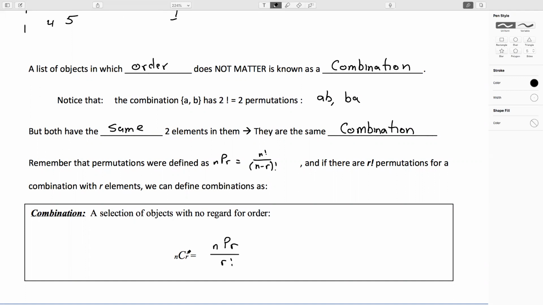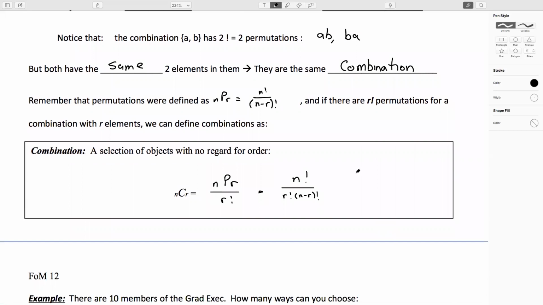So essentially, a combination is just a permutation, except you're also dividing by the number of ways you could arrange the objects. In terms of a formula, n choose r is n factorial over r factorial times n minus r factorial. This is the formula that we're going to use from here on out.